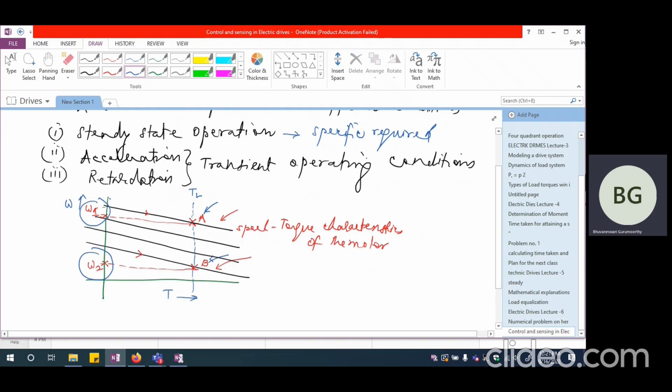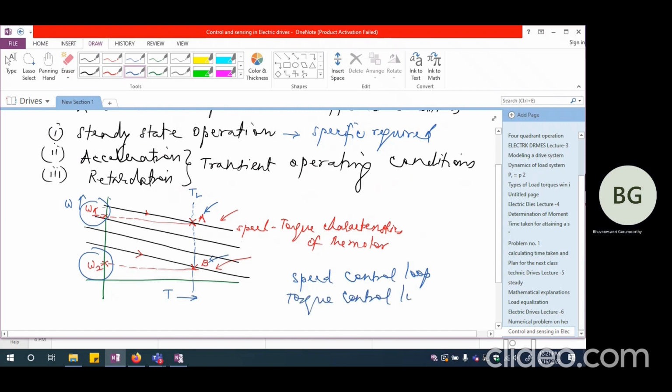So the control loop generally could be a speed control loop, or it could be a torque control loop, or it could be a position control loop, because I might like to adjust the position of a particular lens, in a telescope or microscope, or I might like to have my tool adjusted in a particular way in a CNC, computer numerically controlled machine.